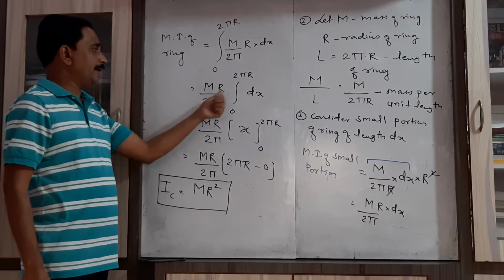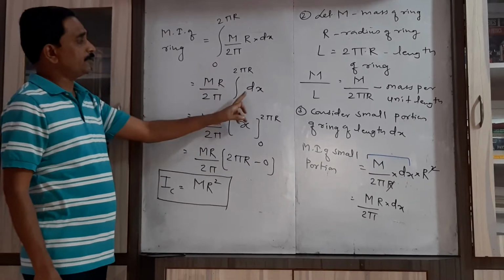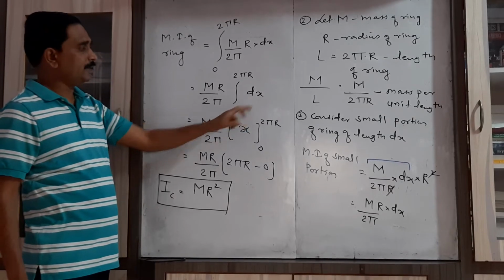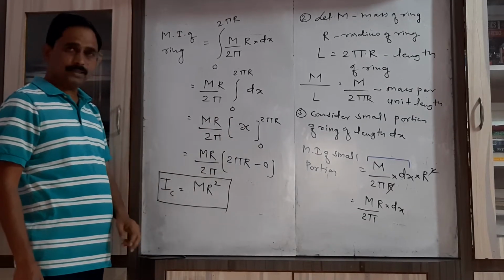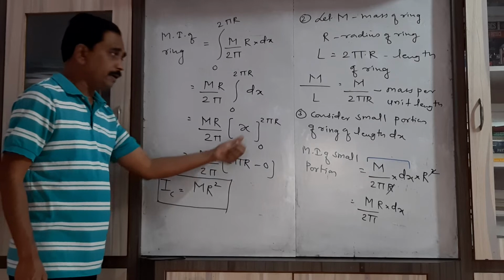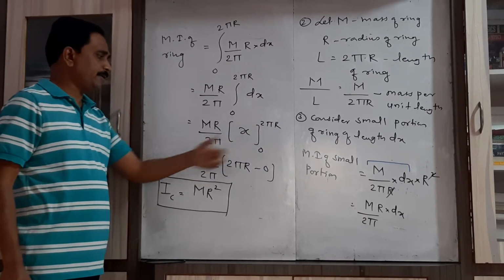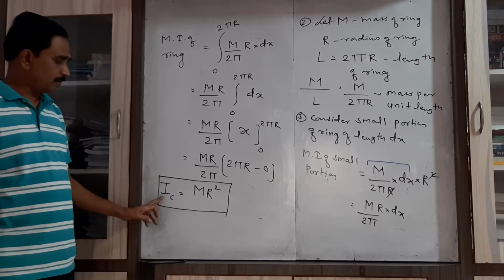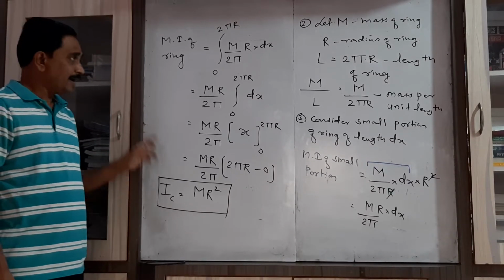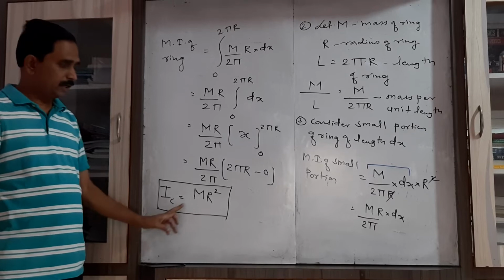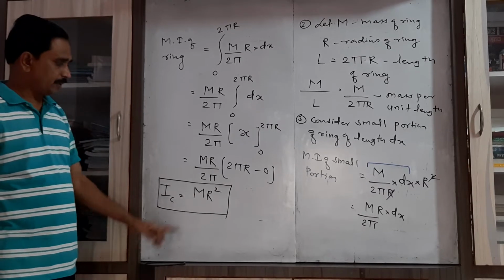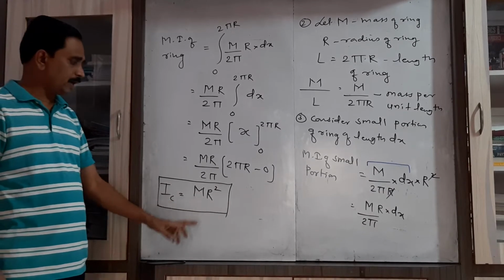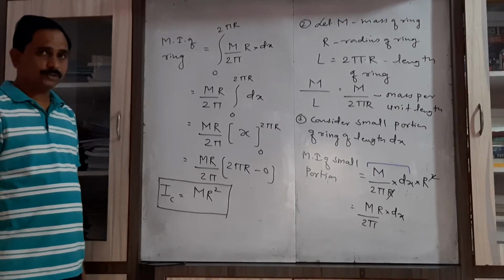Now here mr upon 2 pi is constant. You have to just integrate dx. Integration of dx is x. Taking the limit, that is upper limit minus lower limit, and simplifying it, we have the moment of inertia of a ring about an axis passing through the center, that is simply mr square, where m is the mass of the ring and r is its radius.